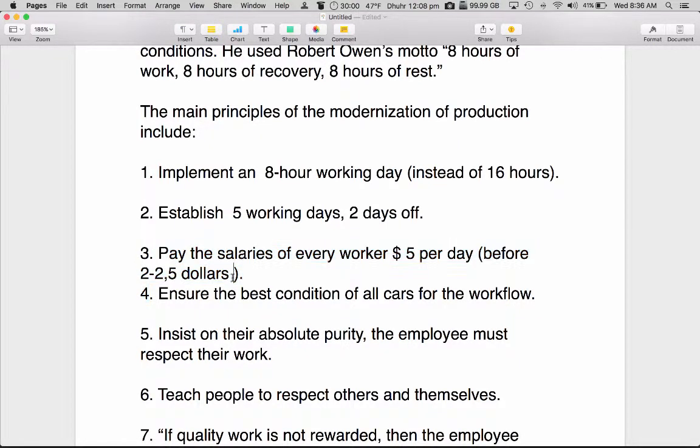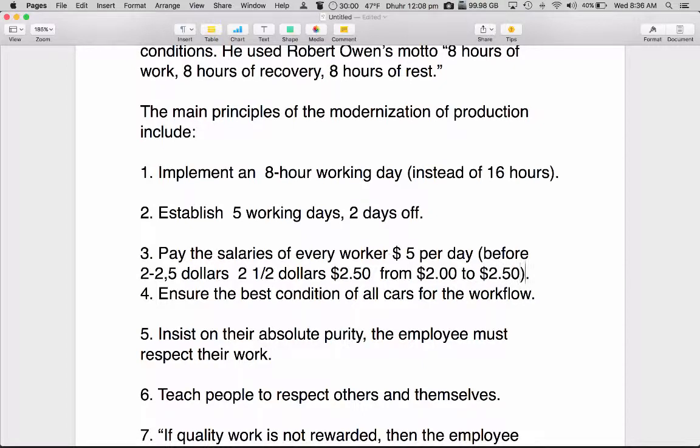If it is $2.50, it would be written like so, or quite simply $2.50. Or if you wanted to make a range, it would be from $2 to $2.50 a day.